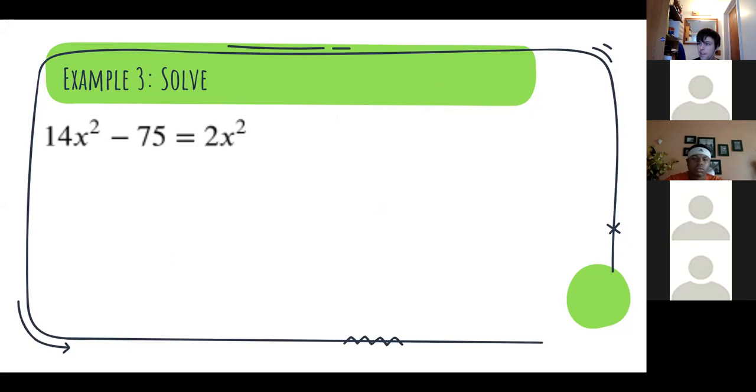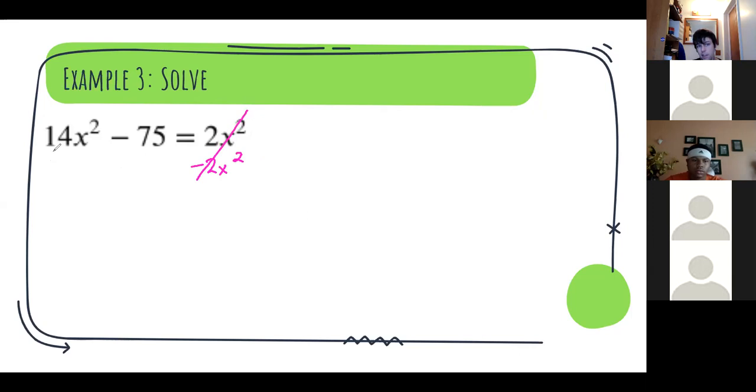So I want to make one side 0 to get us towards standard form. The easiest thing would be to subtract 2x on both sides, or sorry, 2x squared on both sides, right? So that's what I'm going to do. I'm going to get rid of the 2x squared. That cancels out here.